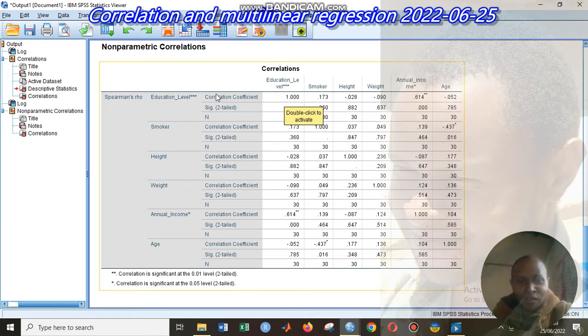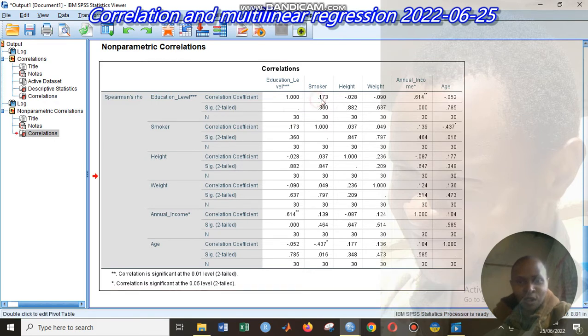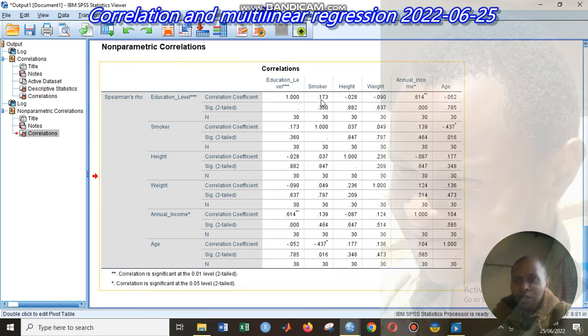Education level and smoker is 0.173, which is a small relationship between the two. What about smoker and education level? It is still the same answer.